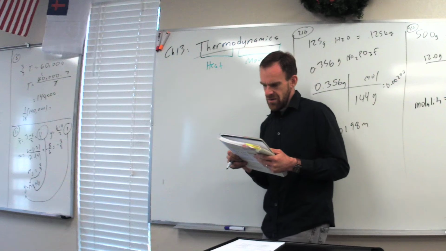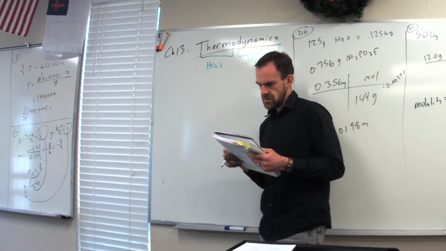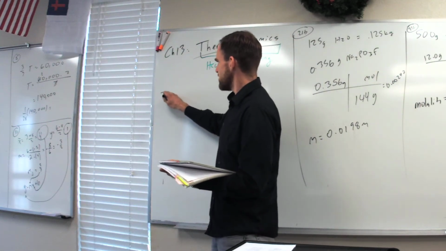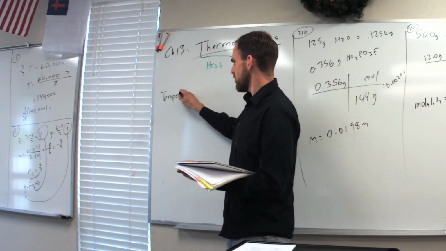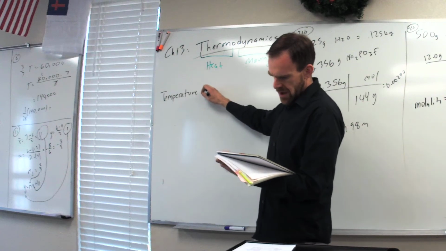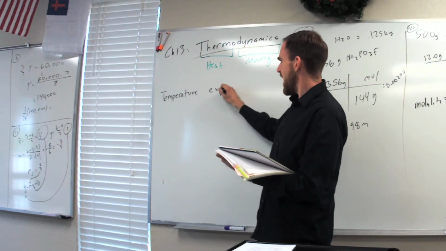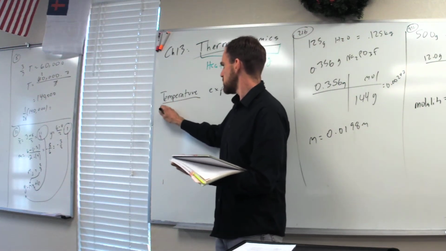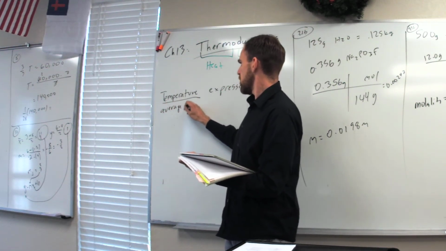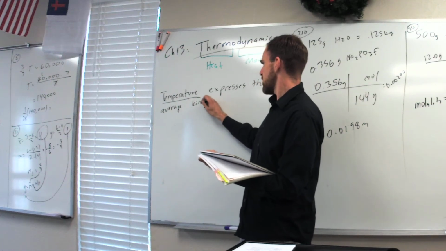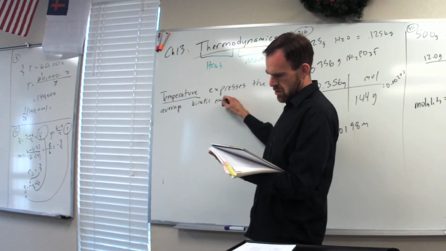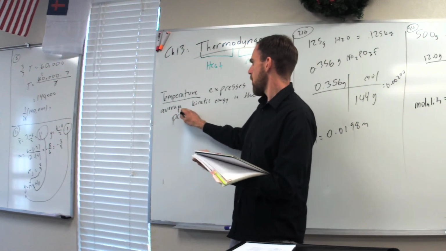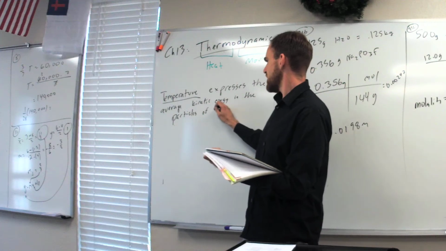So things that you should know that are important. Temperature, number one. These are important things for you to remember. Temperature expresses the average kinetic energy in the particles of a sample.